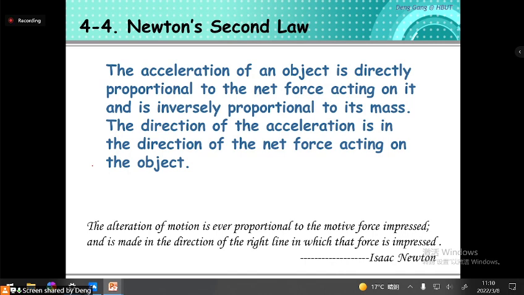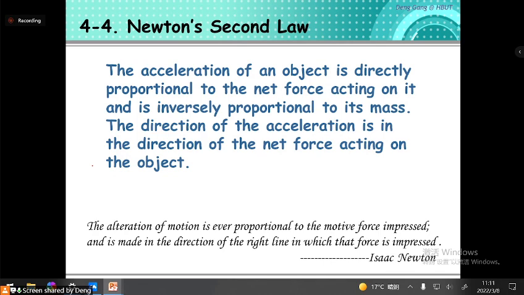Okay. After we defined the mass, we can go a step further. That's Newton's second law. The acceleration of an object is directly proportional to the net force acting on it and inversely proportional to its mass.